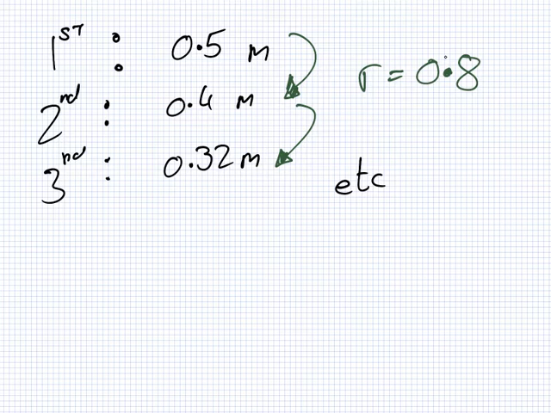I want to know the total distance travelled by the ball. To give you a little hint, and you can believe me this time, this is an S infinity type of problem. Okay, try this for a minute. We'll see who gets it. Give it to me in a decimal form, of course.